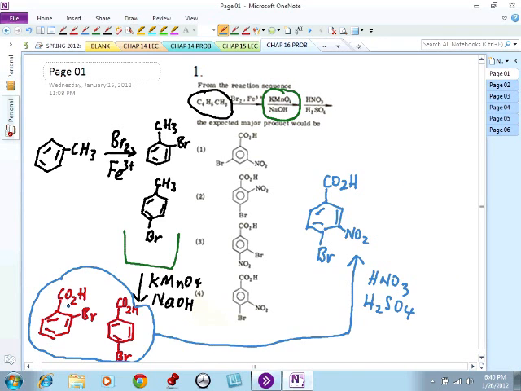Then if you look at this one here, we have the carboxyl group here, the bromine here, and the possibility that we could get something here, right?